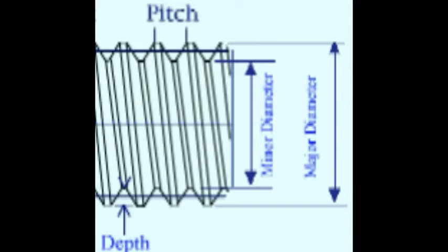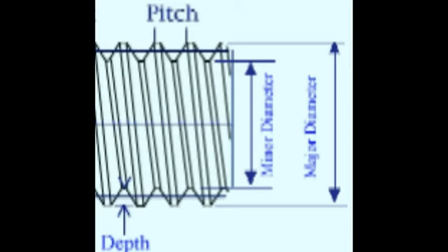Next one is depth of thread. It is the distance between the crest and root of the thread measured perpendicular to the axis of the thread, and it can also be defined as the distance measured radially between the major and minor diameters.